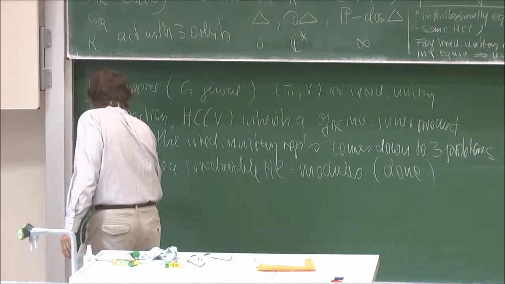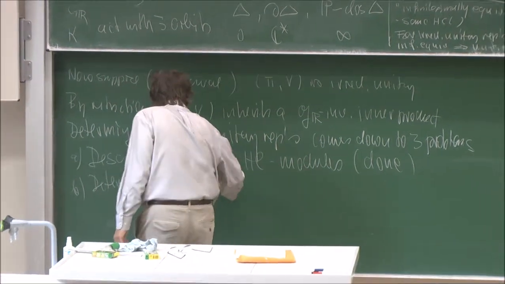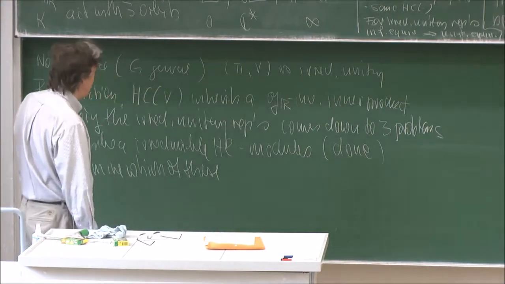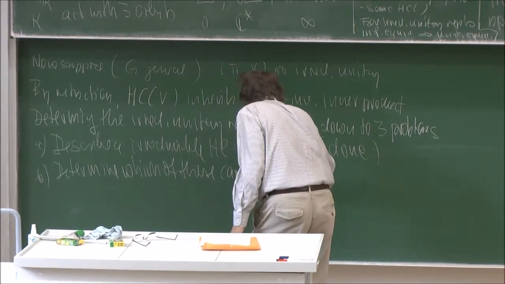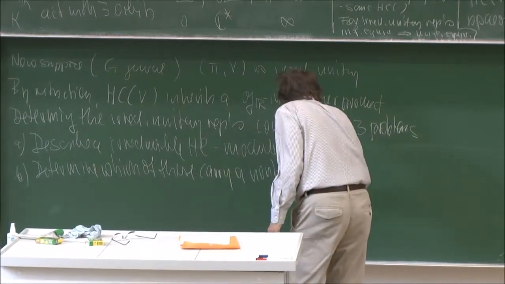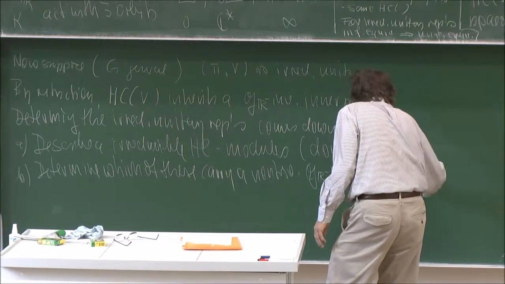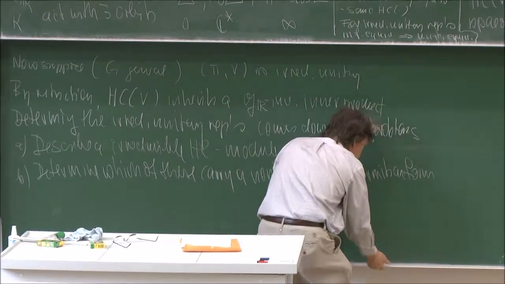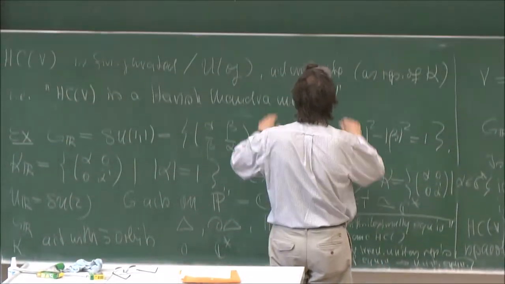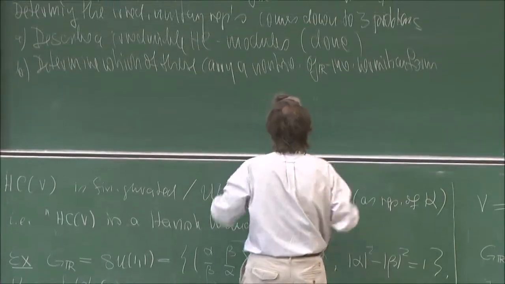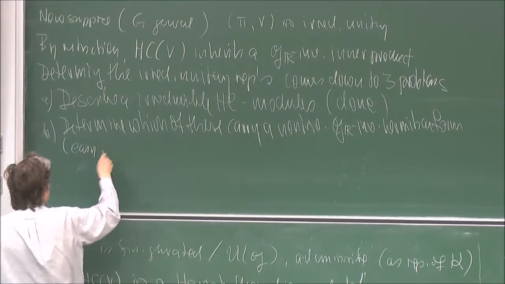Problem B is to determine which of these, meaning irreducible Harish-Chandra modules, carry a non-trivial G_R invariant Hermitian form. And so this is easy and really formal.